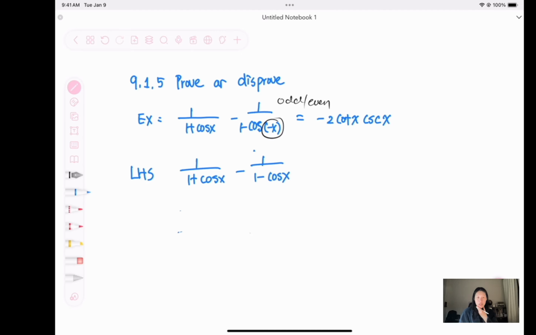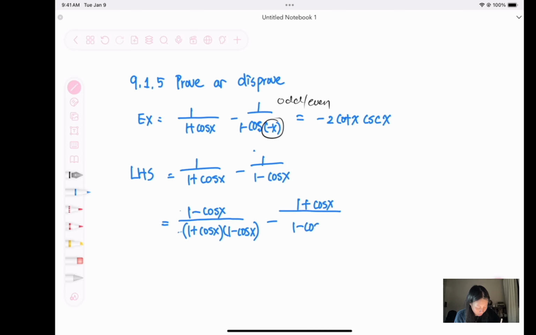Now, let's try to find the common denominator so we can put two fractions into one. So the common denominator, luckily, on the top is 1. So that makes the calculation very easy. On the other side, multiply by 1 plus cosine x, right?